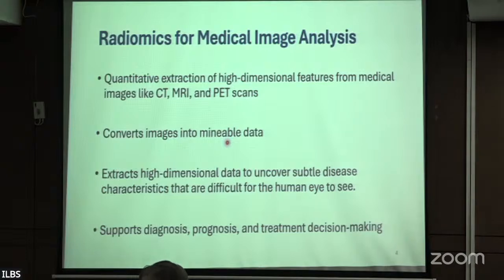So that is the radiomics domain, and we have already talked about the different types of radiomics features. It is mineable data, meaning it is a quantitative value, which can now be used as features for a machine learning model for supervised learning.